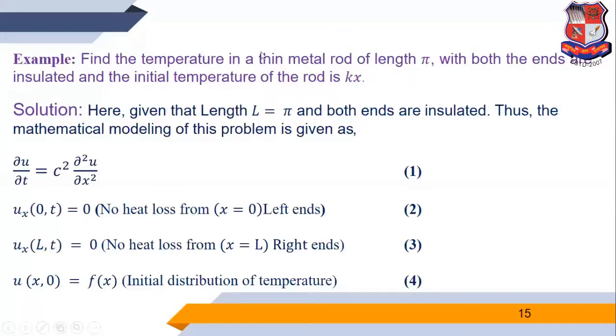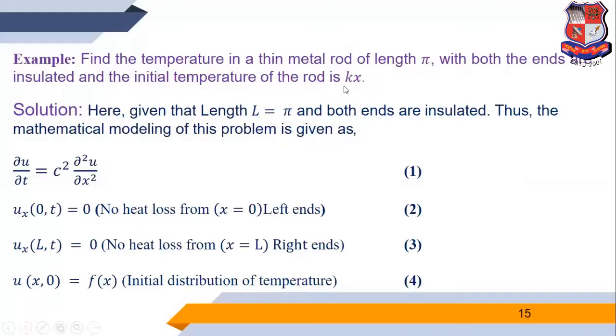Here given that the length L is pi. Also given that both ends are insulated. So obviously we use problem 2, because problem 2 is based on insulated ends. Third, the initial temperature of the rod is kx.